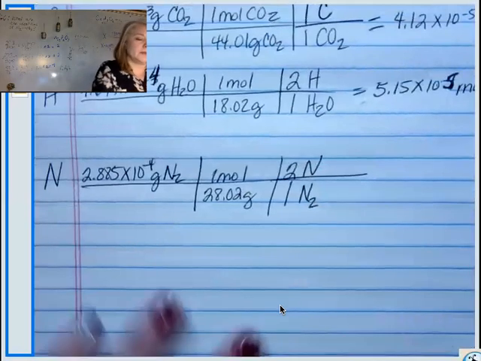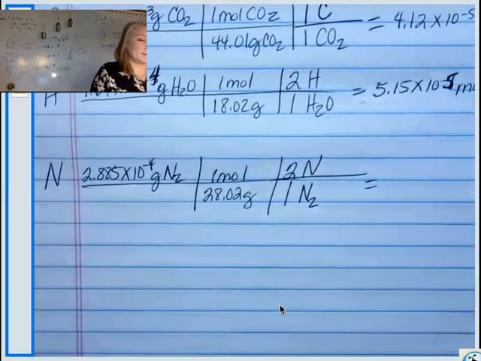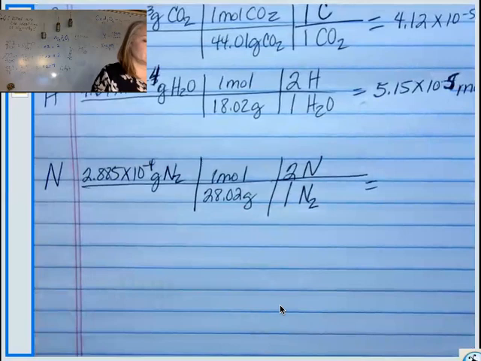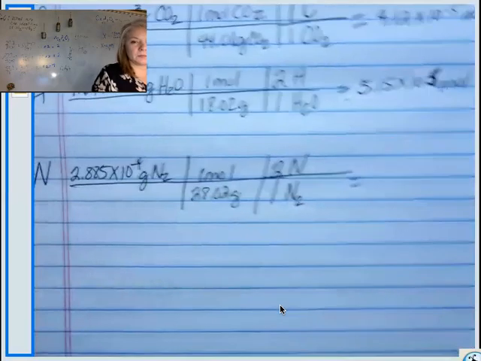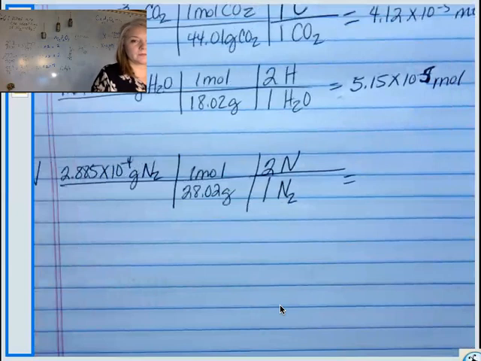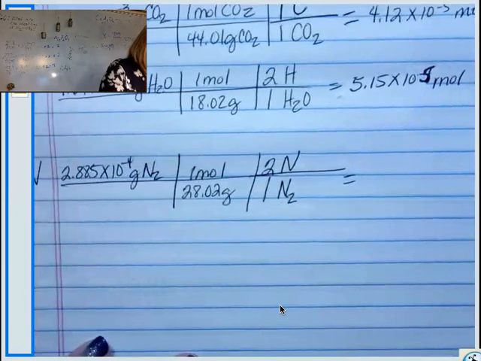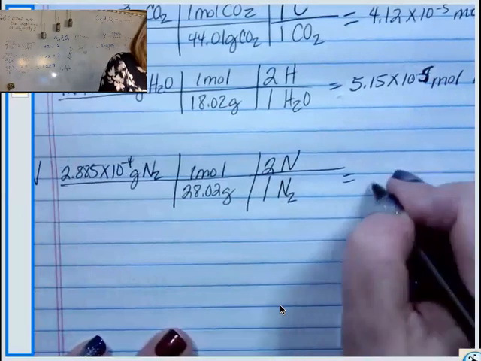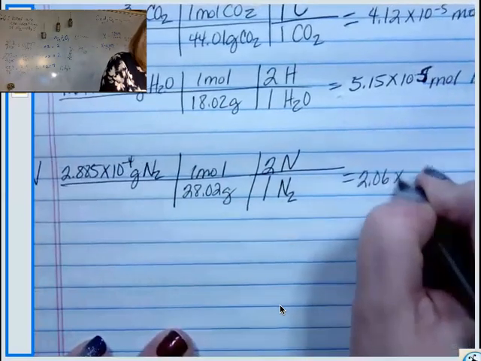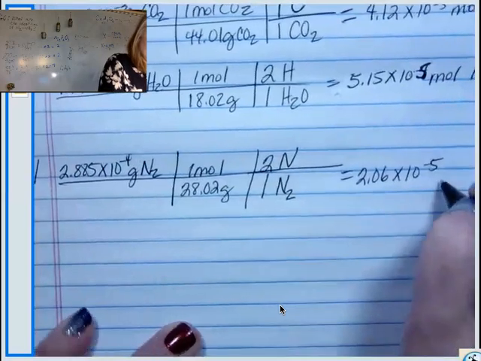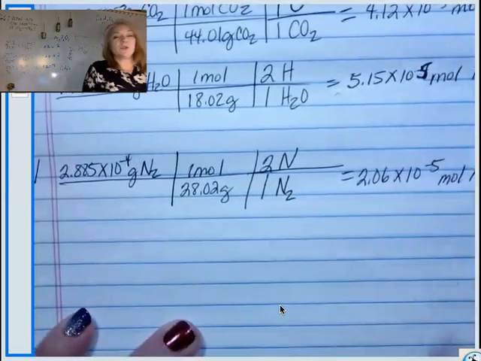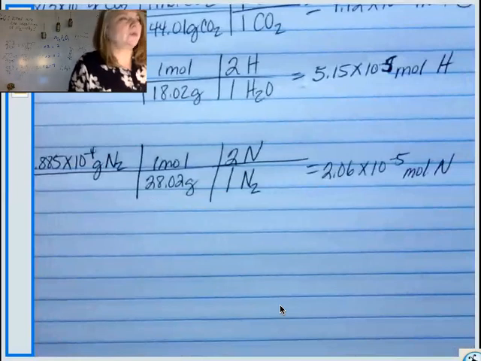Yes? Okay. So I got 2.06 times 10 to the -5th, and this is going to be moles of nitrogen. Make sure you're okay with that number before we move on.